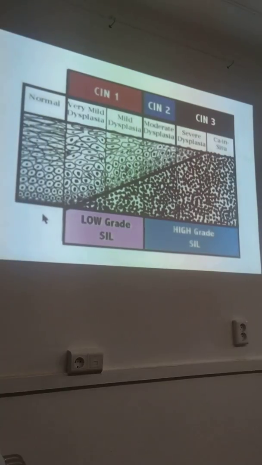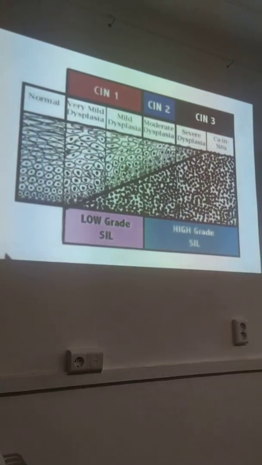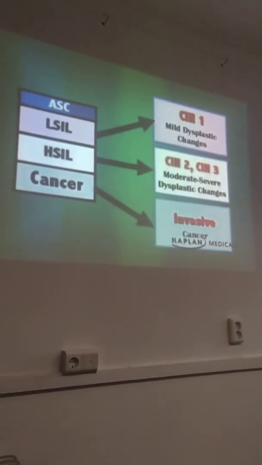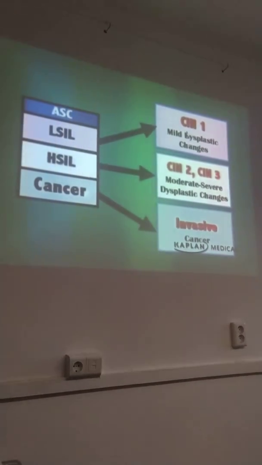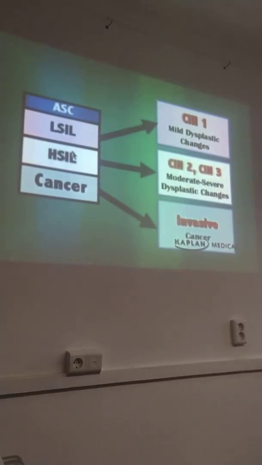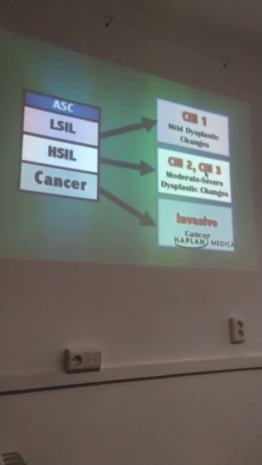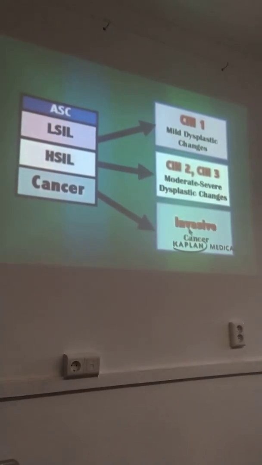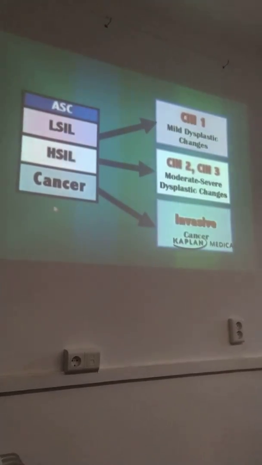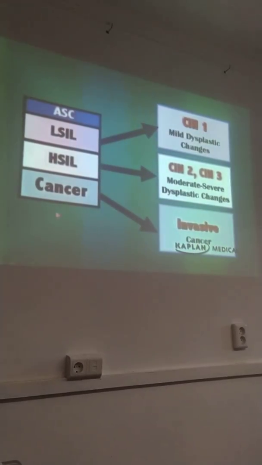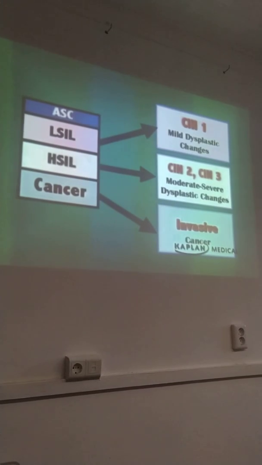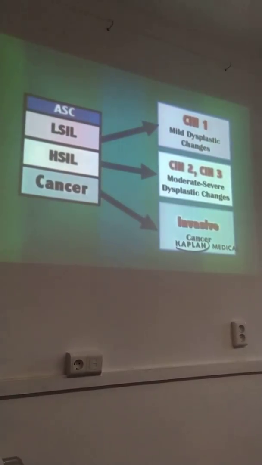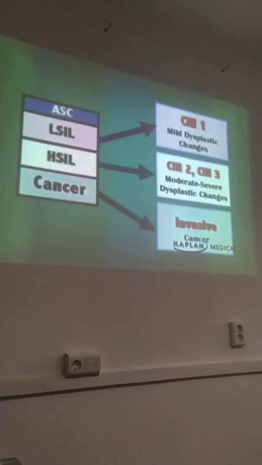That would be the equivalent, and we would expect them to be parallel. LSIL, SIN1; HSIL, SIN2 or 3. Cancer, we would expect the biopsy to show cancer. So when we do our Pap smears and we do the biopsies, we want to see that they are parallel and that they are appropriate.